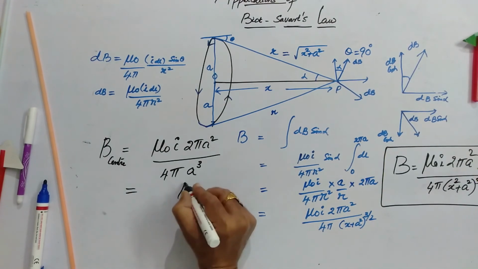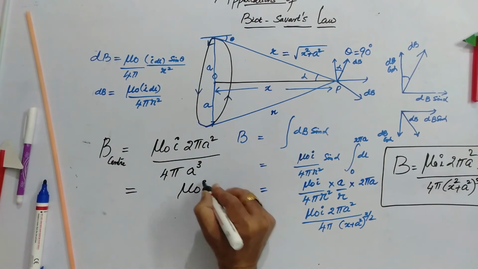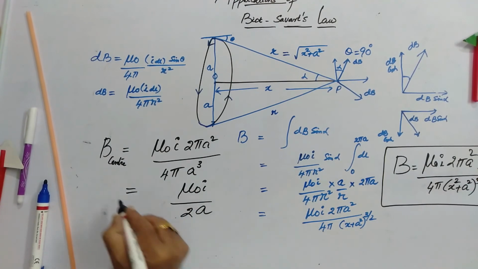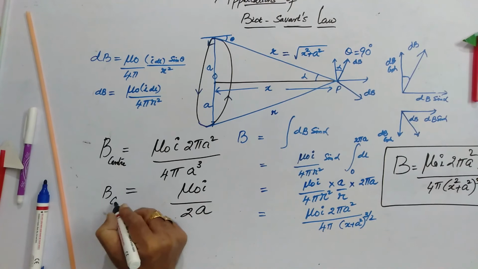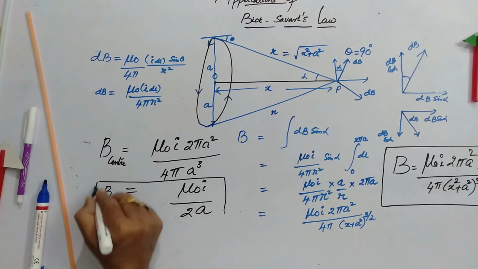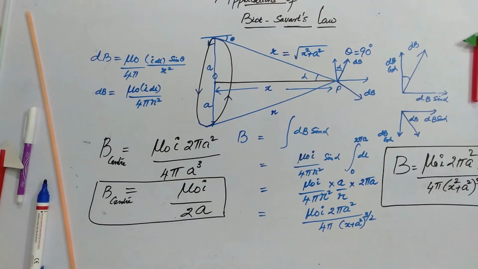Then we get the result we have got already, mu naught I by 2 times the radius. This is B at the center.